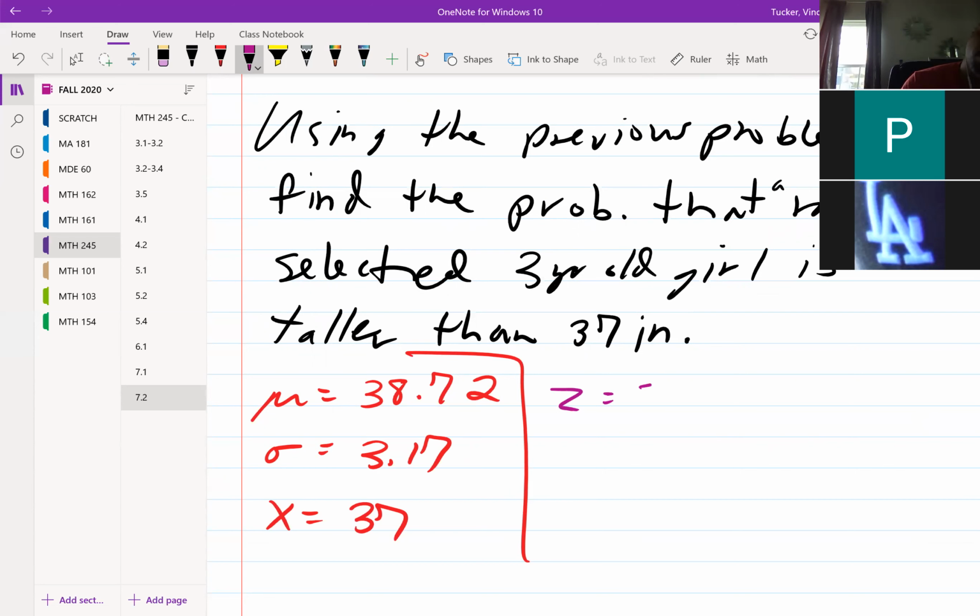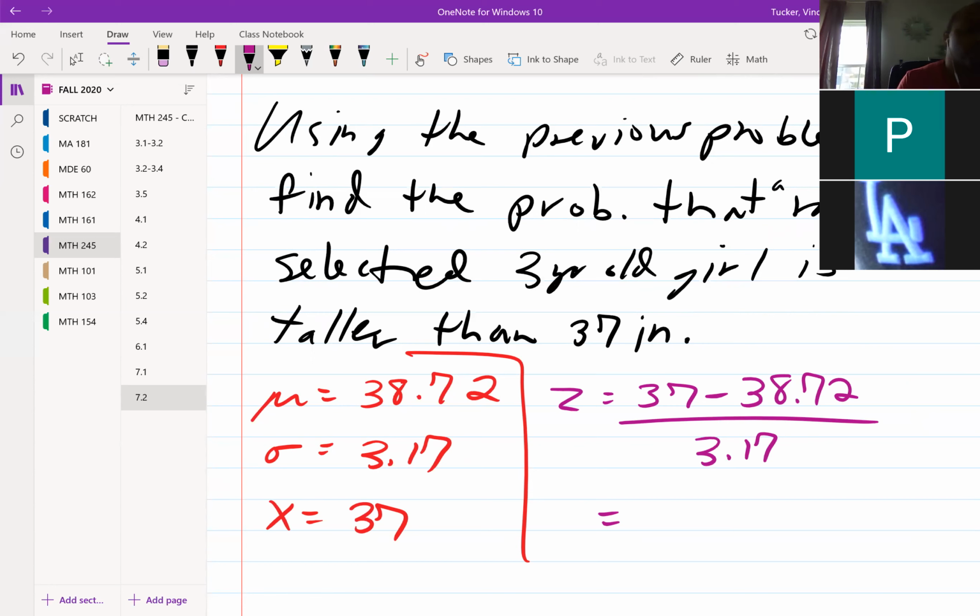Follow the same procedure. Data value minus mu, your mean, over the standard deviation.